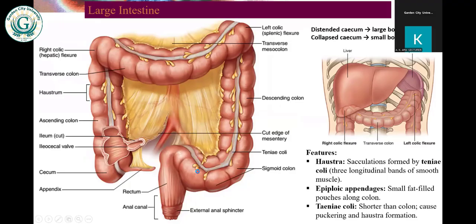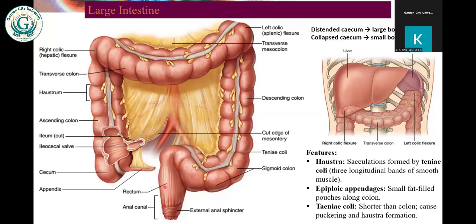The rectum has no omental appendices. So those features that we mentioned are features common to the colon and the cecum. The appendix, the rectum, the anal canal don't have these features that we talk about. So remember that the rectum lacks the haustra, the omental appendages, and the taenia coli.